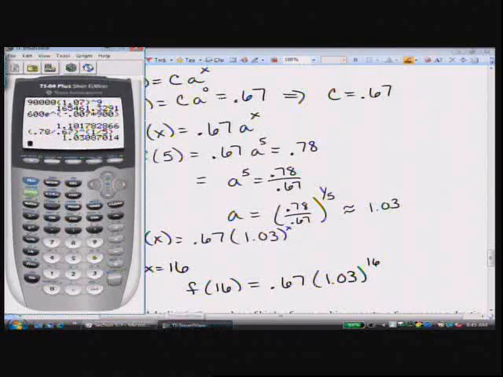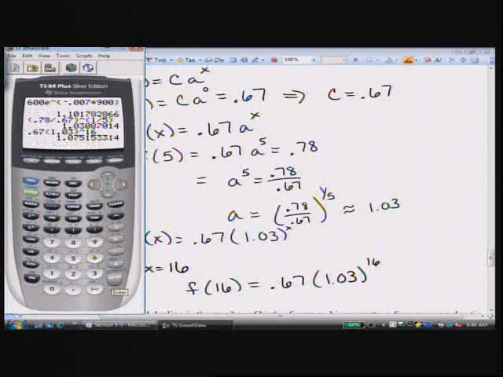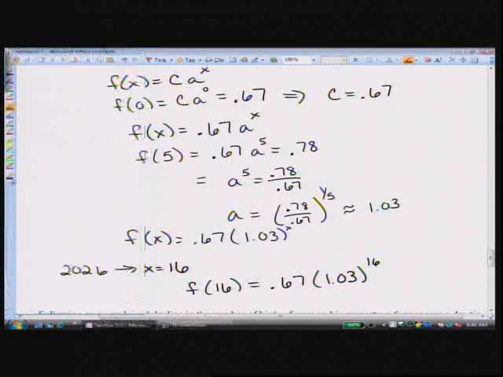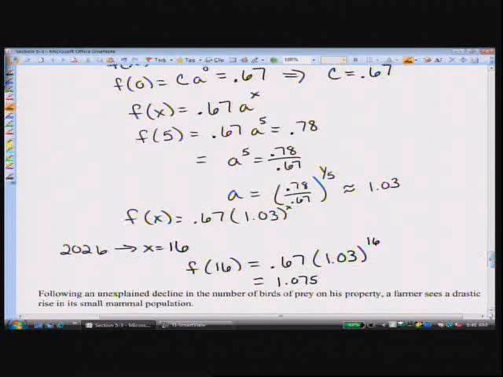So we'll try that. 0.67 times 1.03 raised to the 16th power. So 1.075. Now, just watch the rounding on this, because I rounded that 1.03. Keep the rounding to what they tell you.